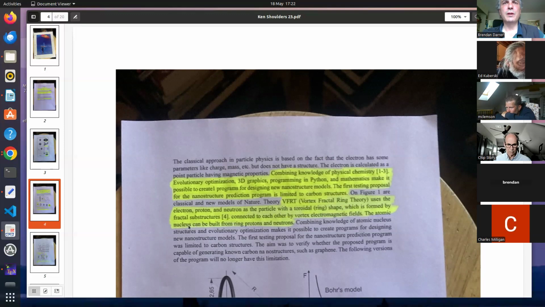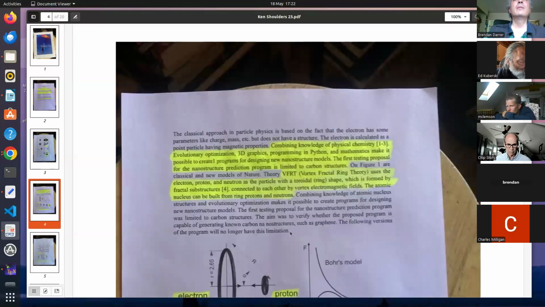The atomic nucleus can be built from ring protons and neutrons. Combining knowledge of atomic nucleus structures and evolutionary optimization makes it possible to create programs for designing new nanostructure models.